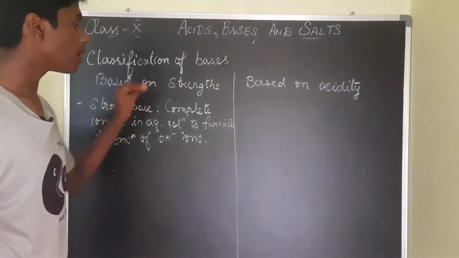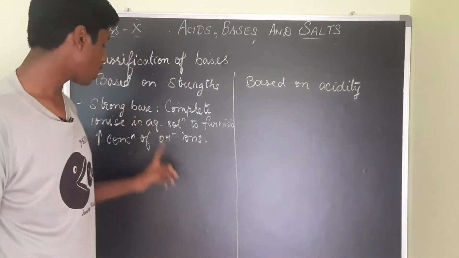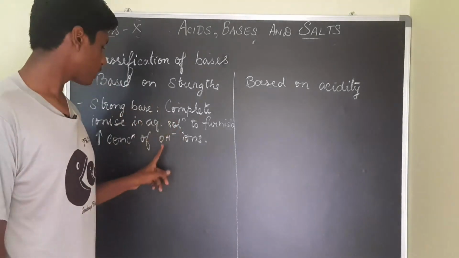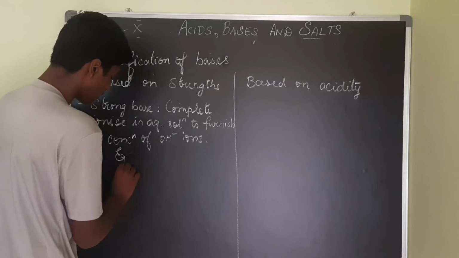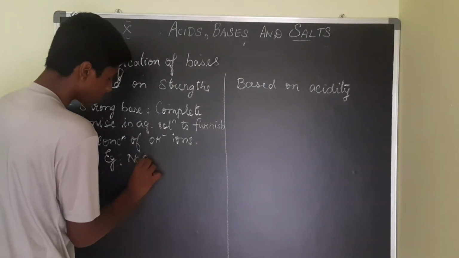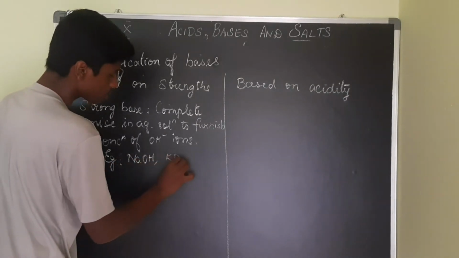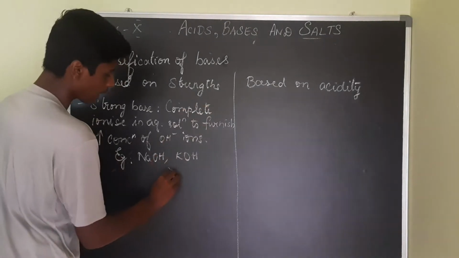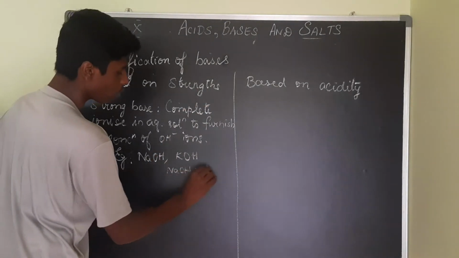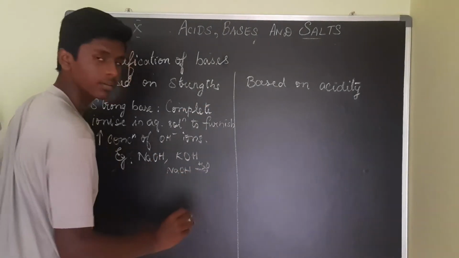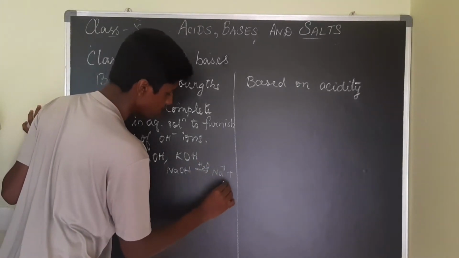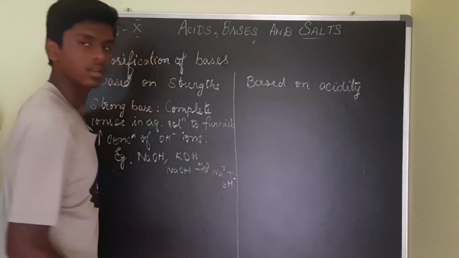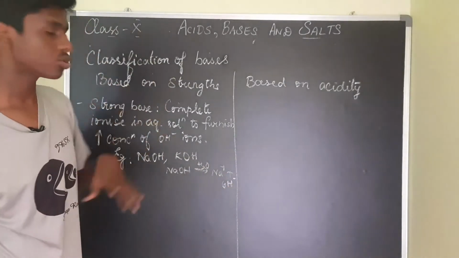For example, NaOH, KOH. If you take NaOH and add water, it will dissociate as Na plus and OH minus. This is how we explain a strong base.